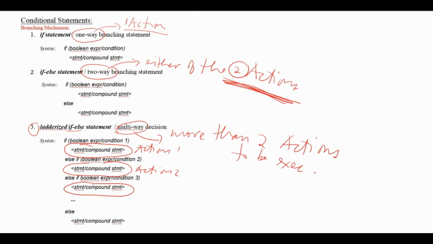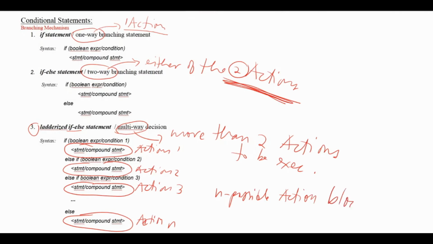This is the third option, and say this is the action n. Say there are n possible action blocks. So again, we call it multi-way or ladderized if-else if there are more than two action blocks. So three or more, that is now a ladderized if-else or multi-way decision.